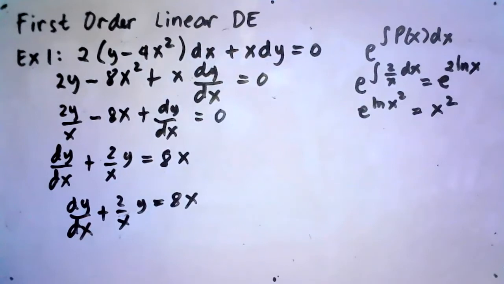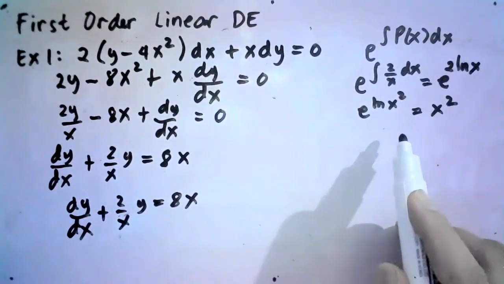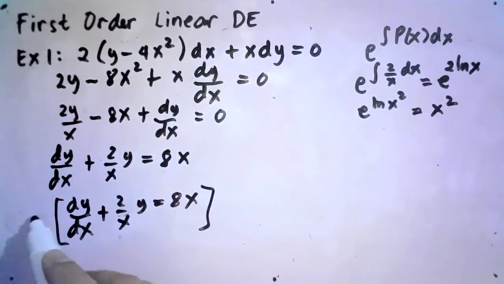This time, we will multiply our integrating factor to this equation. So that is the next step, x squared times this equation.